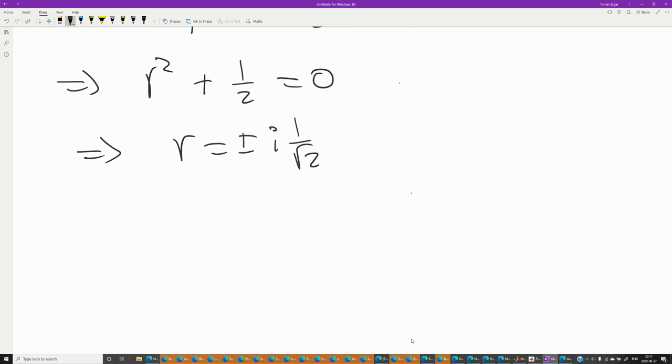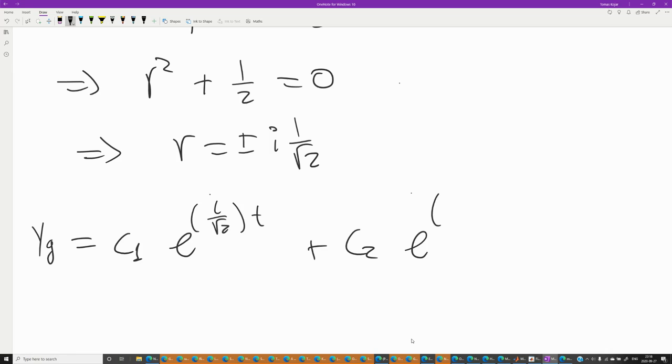So these are the two solutions. So y general is equal to C1 e to the i t over square root 2 and C2 e to the minus i t over square root 2.